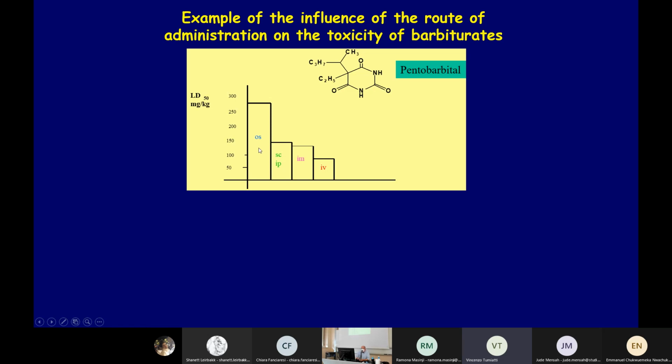But why do we need 300 milligrams per kilogram orally? Because some of this quantity can be metabolized by our enzyme systems located in the liver.